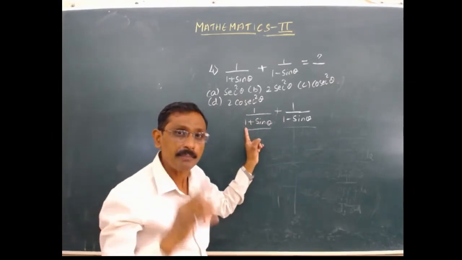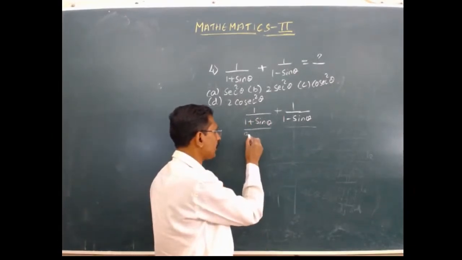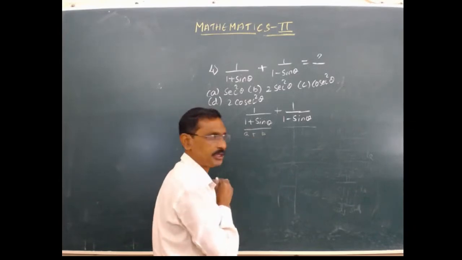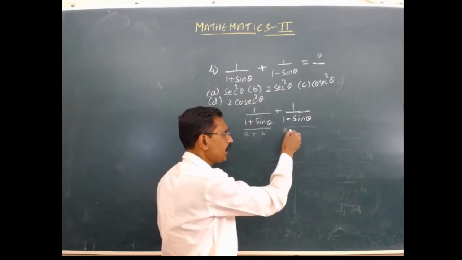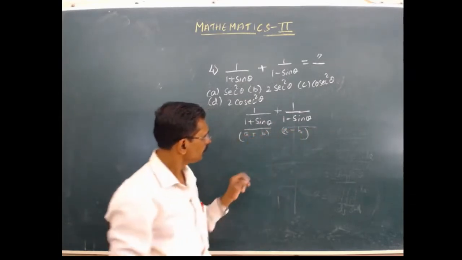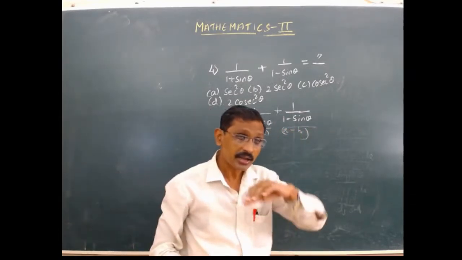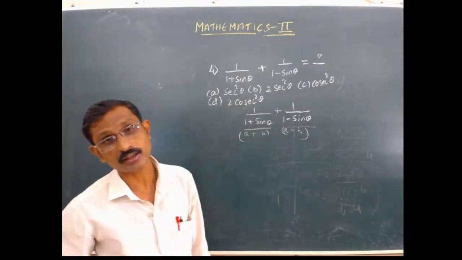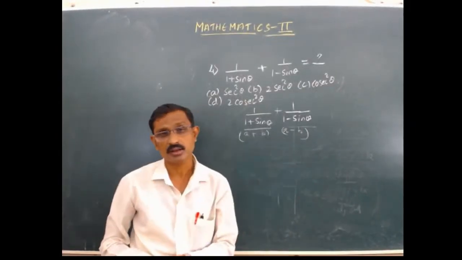It resembles something like A and something like B, in brackets, where I get A plus B into A minus B.